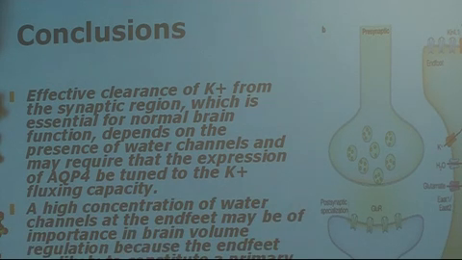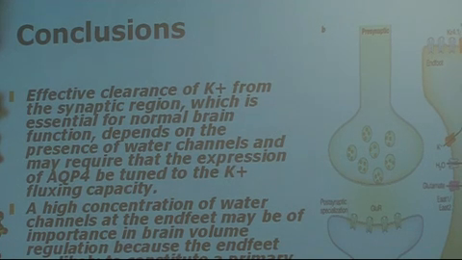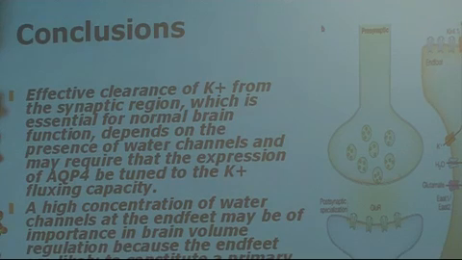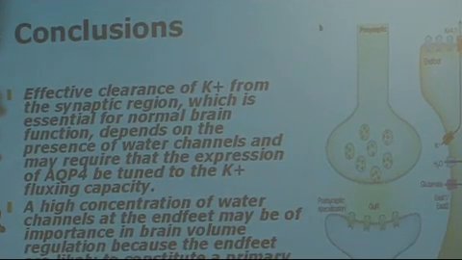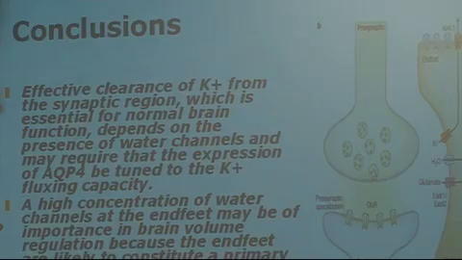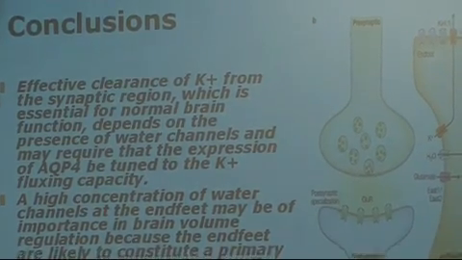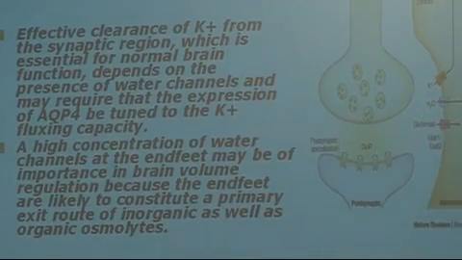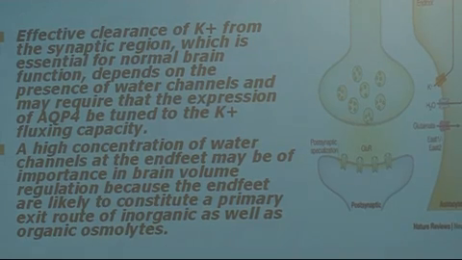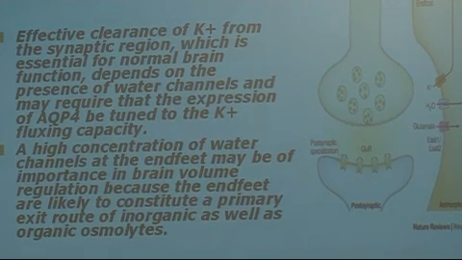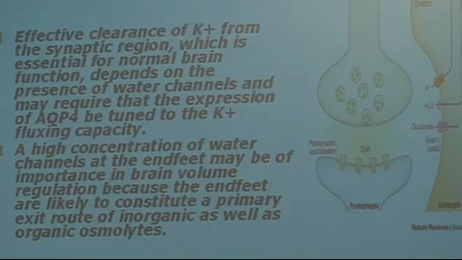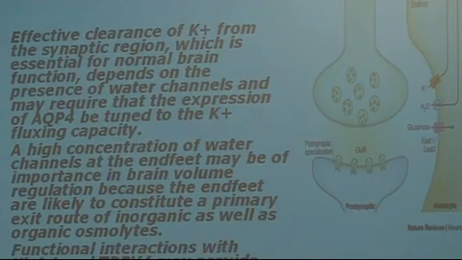And again, it's clear that there is in the endfeet a high concentration of water channels, and these channels might in fact be of importance in the regulation of volume, in the regulatory volume control acting in concert with TRPV4.